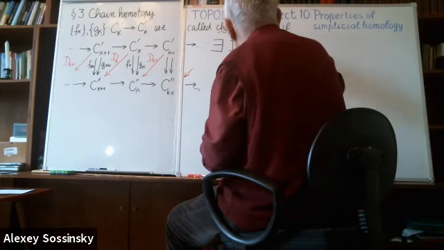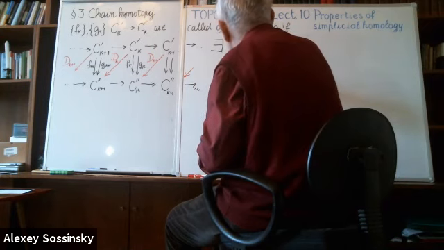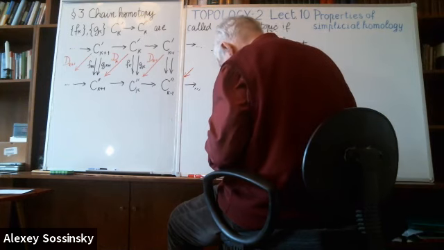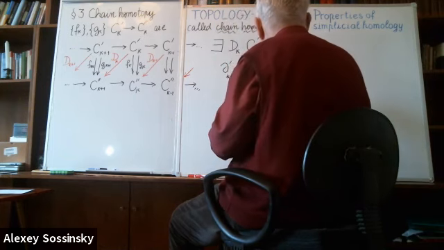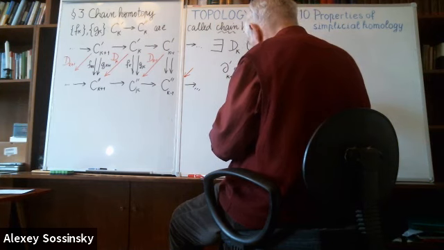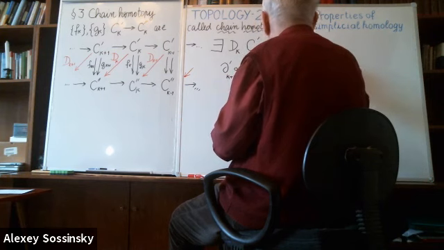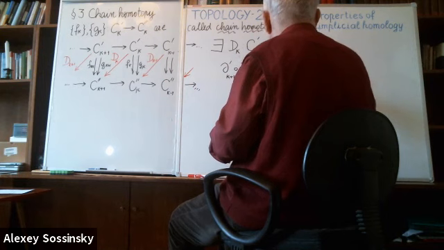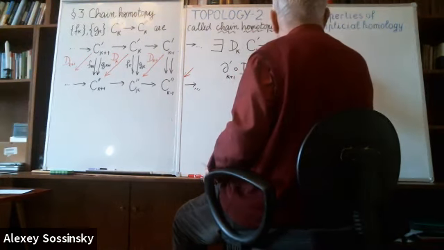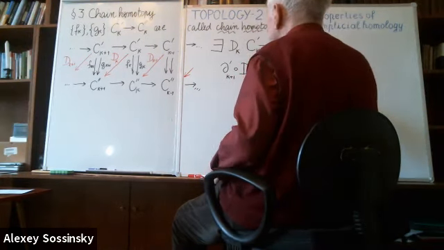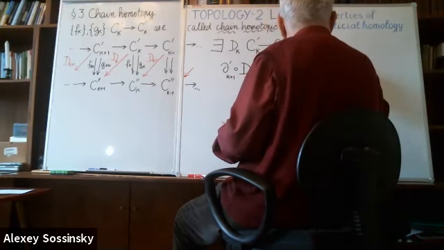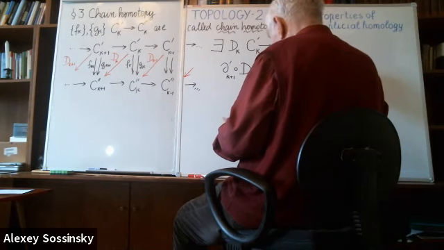No, it's not a double prime, it's just one prime. The d_{k-1} D_k prime. And this must equal the difference between g_k and f_k.